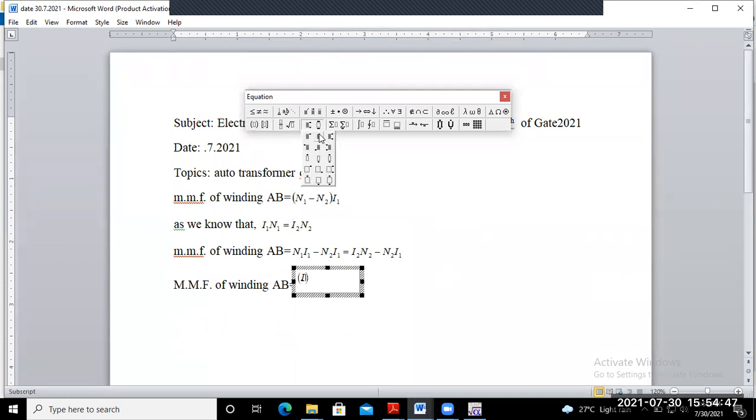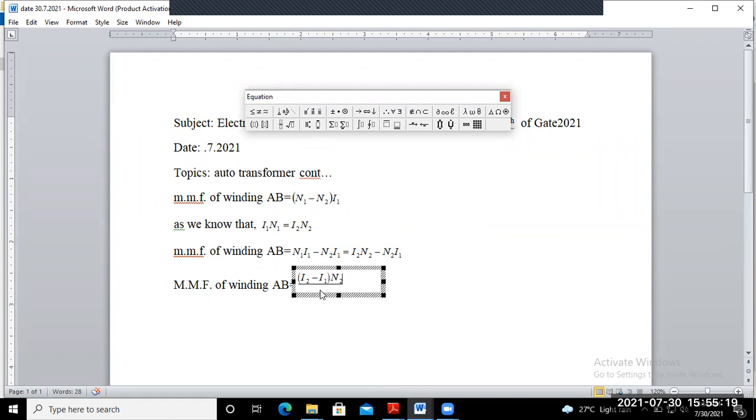I2 minus I1 into N2. So you can say that this one is also the product of the current flowing in the branch into the number of turns.